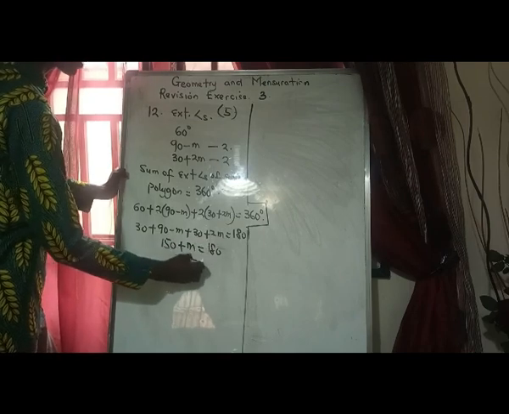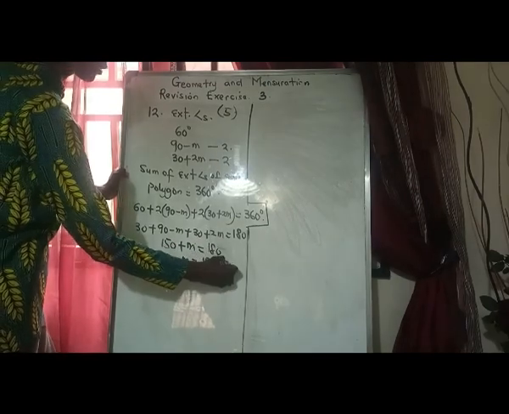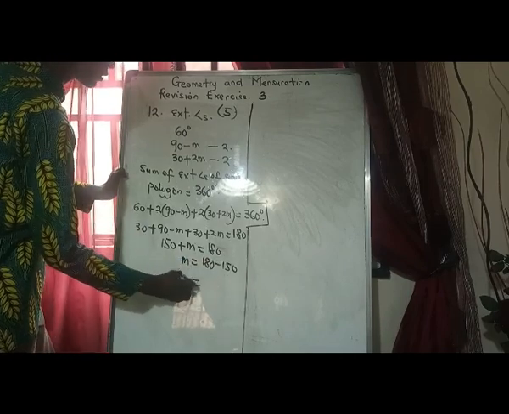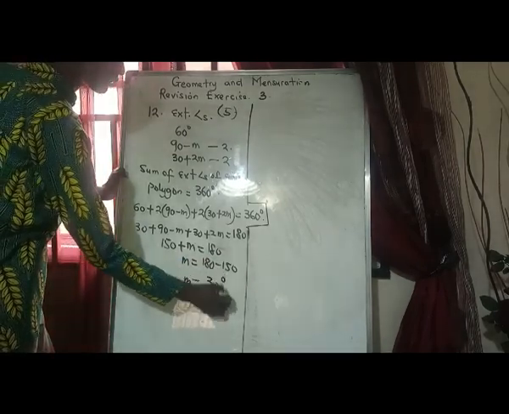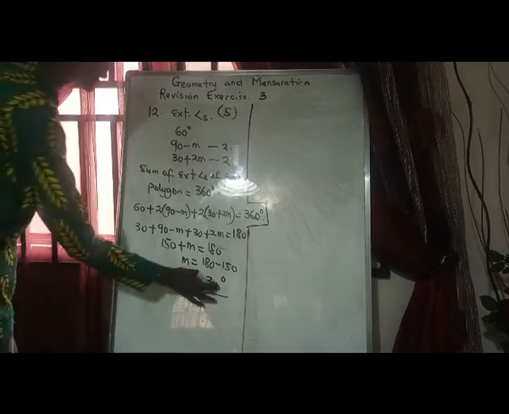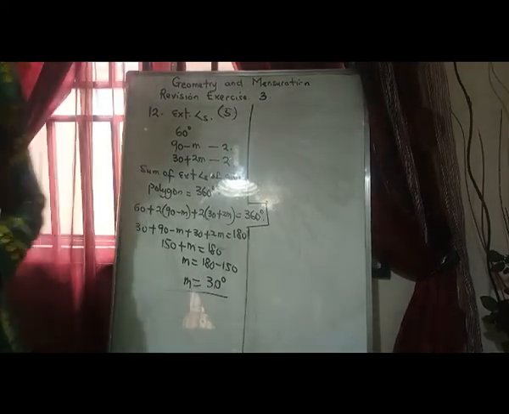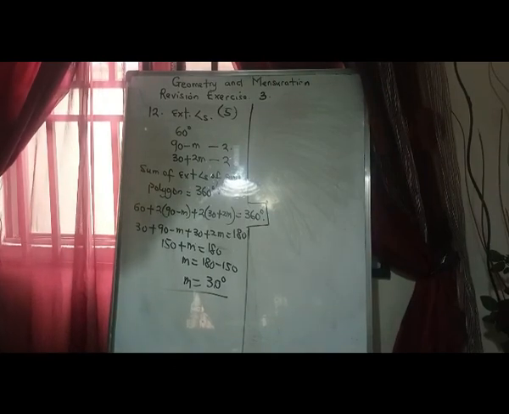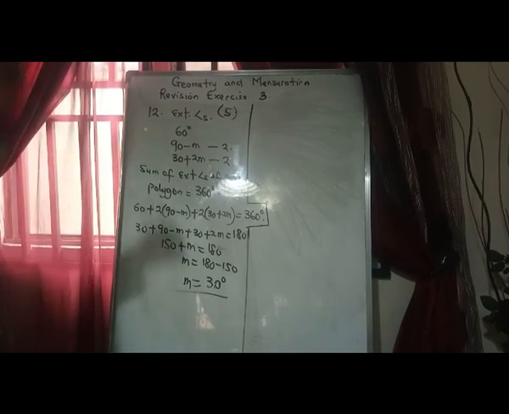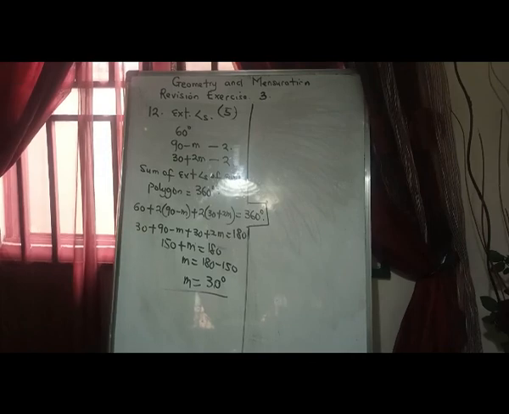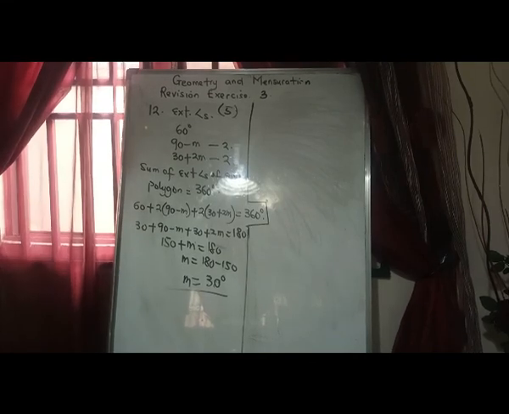So m will simply be what? 180 minus 150. That will be what? 30 degrees. So the answer is 30 degrees. So m simply will be 30 degrees.